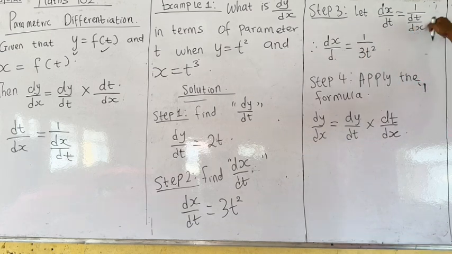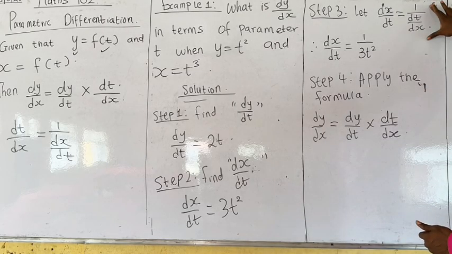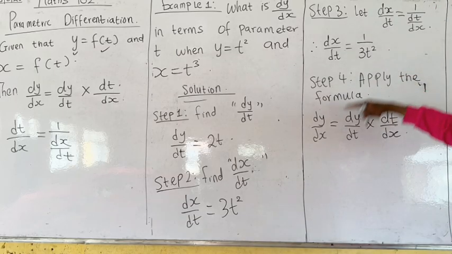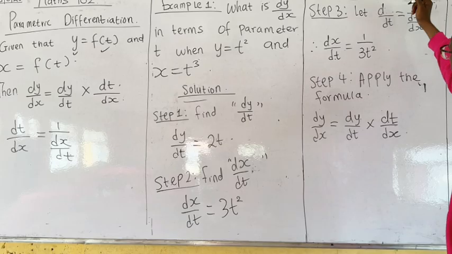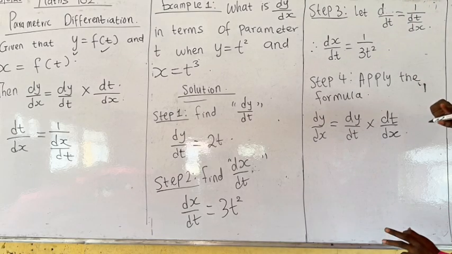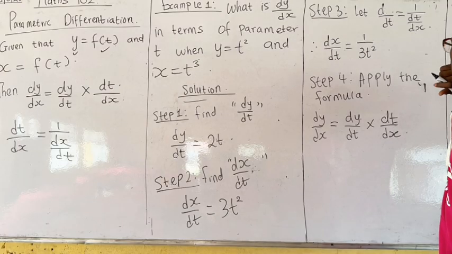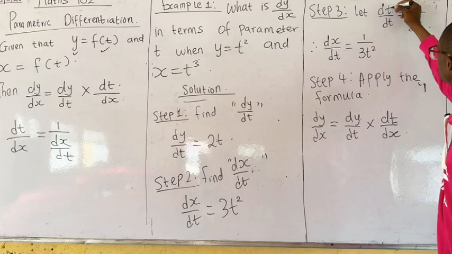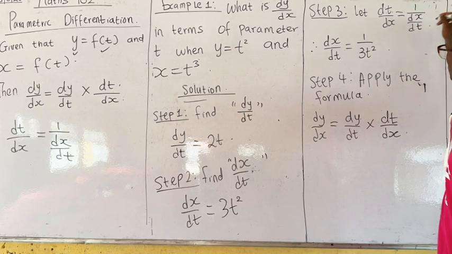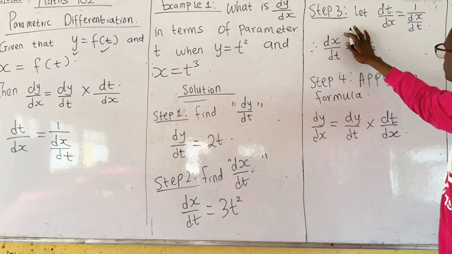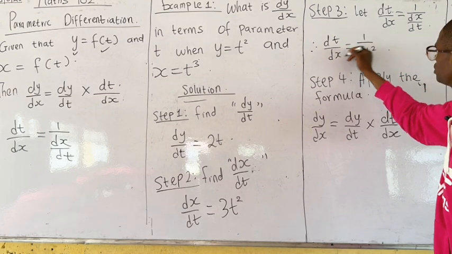So we are looking for dt/dx. We have dx/dt to be this, so dt/dx should be 1 over dx/dt.